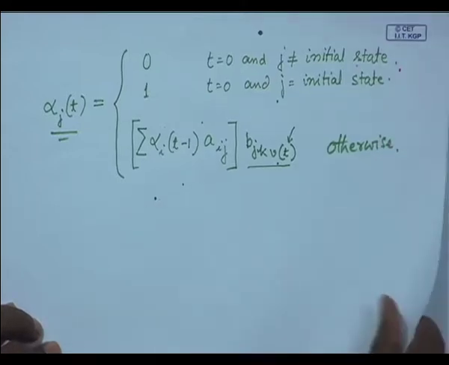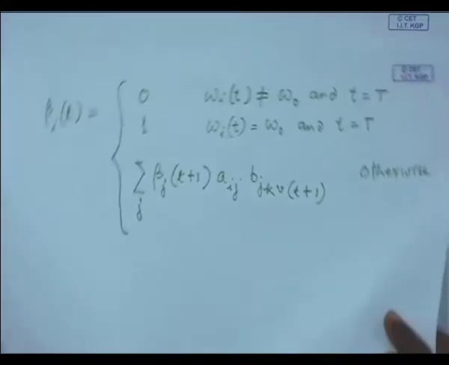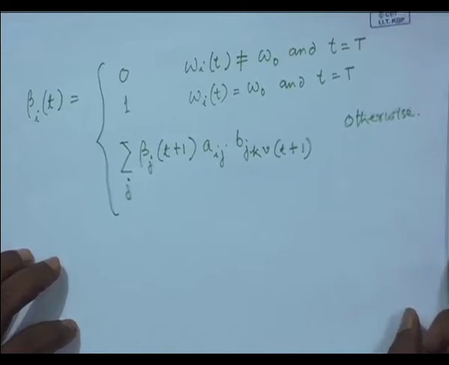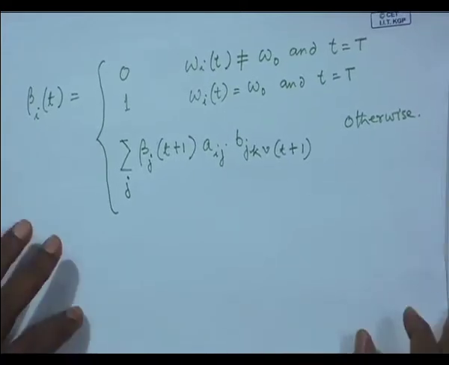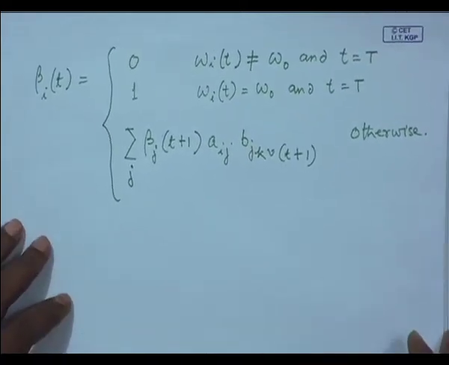Similarly, using the backward algorithm, we have defined beta i t as given by this, and this beta i t tells you what is the probability that the model theta will be in state omega i and will generate the remaining symbols of the sequence of visible symbols V t.